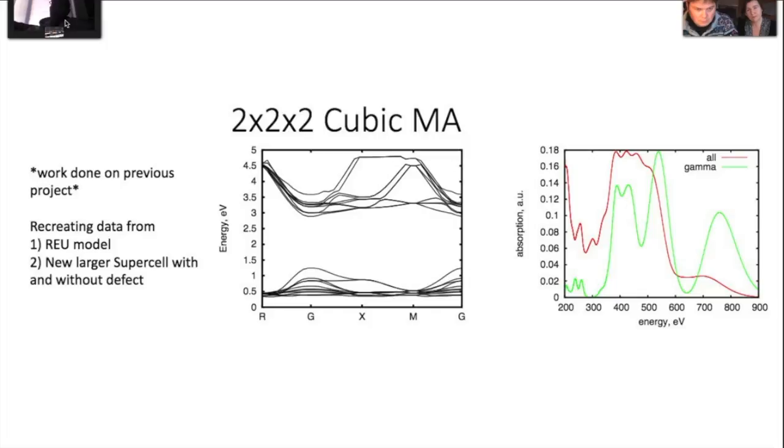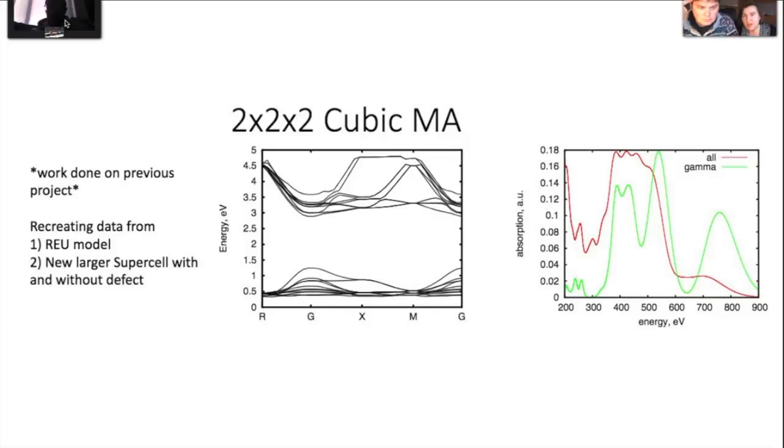And so the red line itself was when I had done absorption calculations at multiple K points and combined them, whereas the green was just for a gamma point itself. And so being able to account for the green gap that was somewhere close to 650, the red line is much more realistic in terms of shape compared to the experimental absorption spectra that was seen. Then here's my question.